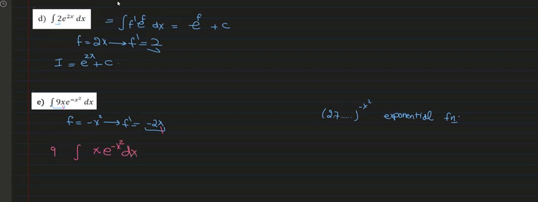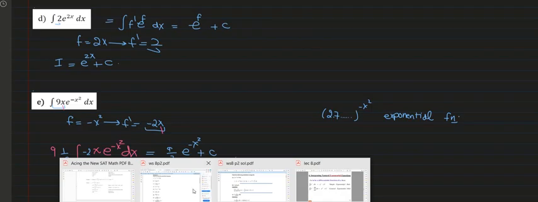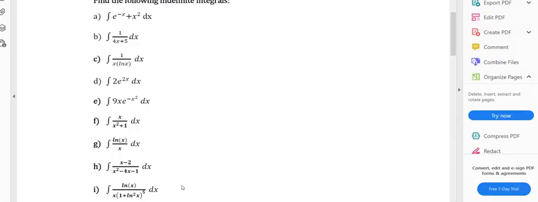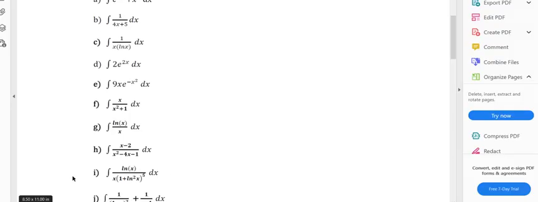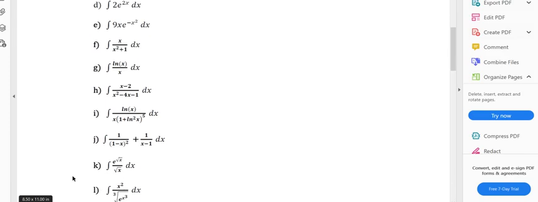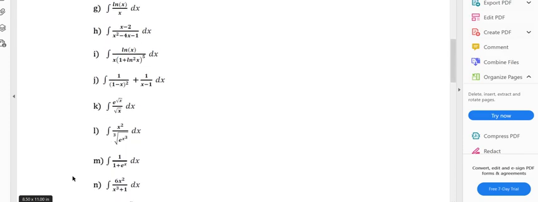So here we would add the negative 2, which is required, and divide by negative 2 outside. So it's 1 over negative 2, and this is the derivative of the e to the power. That's it. So again, we fix the derivative of the power of e beside it. If we can do it, once we do it, we say that we solved the problem.